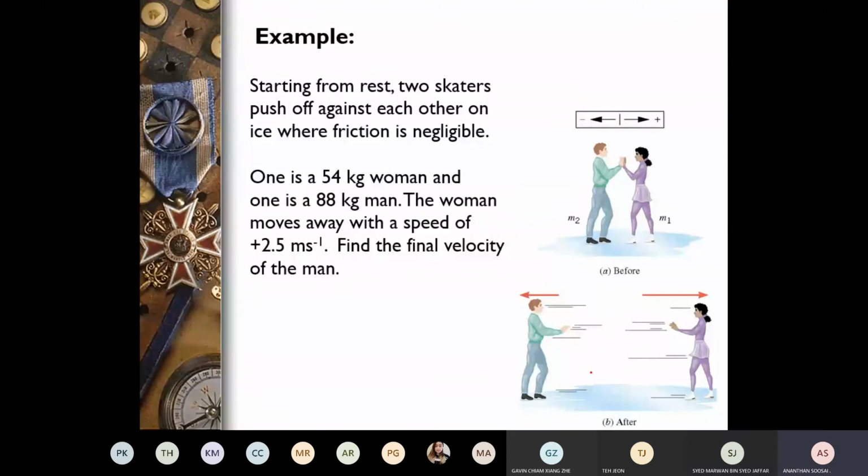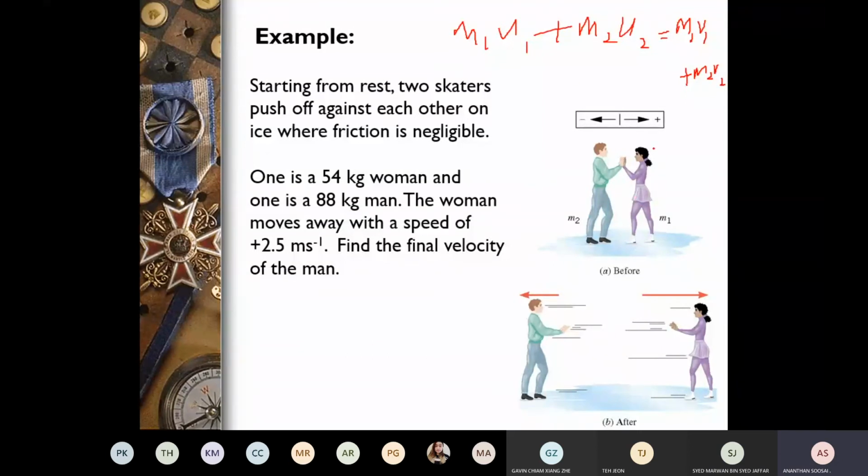So we use conservation of momentum. The standard formula: m1 u1 plus m2 u2 must be equal to the final, m1 v1 plus m2 v2. Before collision, what is the total momentum?